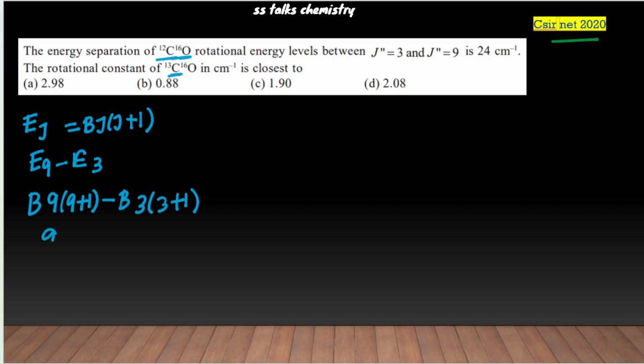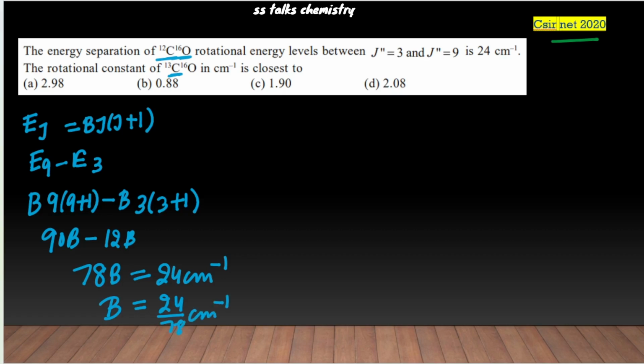So it becomes 90B minus 12B. So this gap is 78B. This value is given, it is 24 centimeter inverse. So this rotational constant, if you find it out from here, is 24 by 78 centimeter inverse.